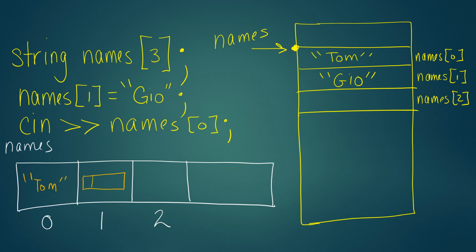It's technically a character array, but because of the way strings are done, we don't need to worry about that right now. All we want to worry about is the fact that we have an array, we are using the string, and as long as you include the string library and using namespace std, you can use an array of strings the same way that you would use any kind of array.